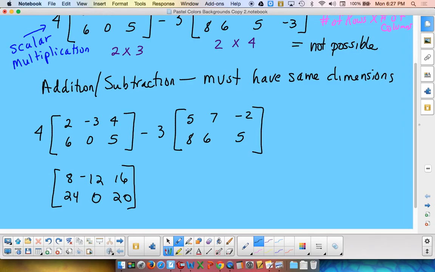I find students make more errors if they leave the subtraction, so I'm going to strongly encourage you change it to addition. I think that will make it easier, and then we are distributing -3. So we're going to have -15, -21, +6, -24, -18, and -15. That way, we've already taken care of the negative and we don't have to worry about losing it.